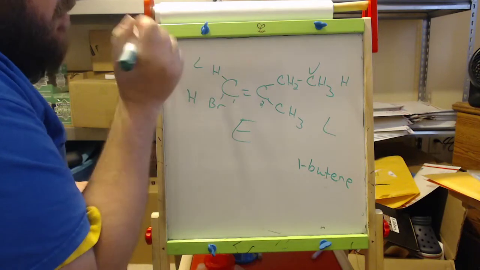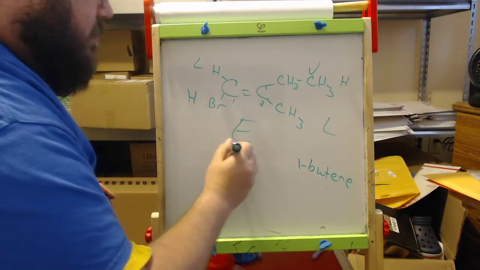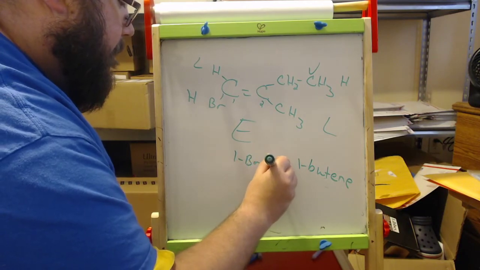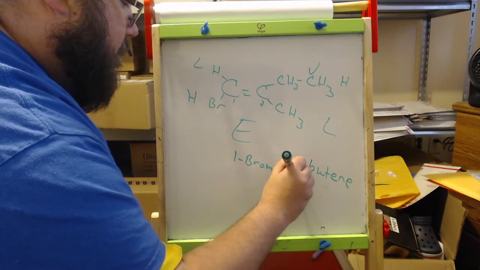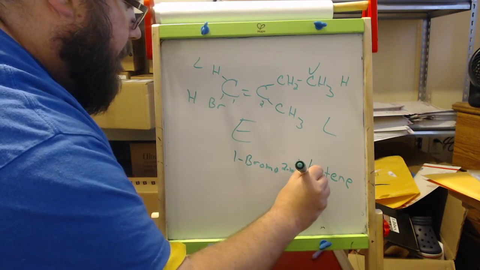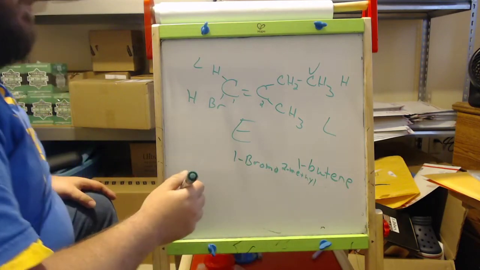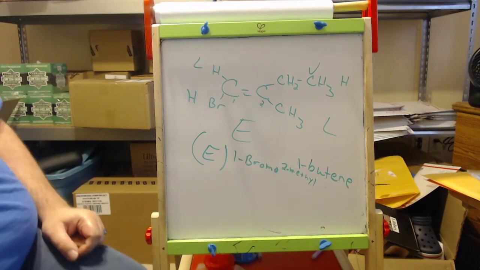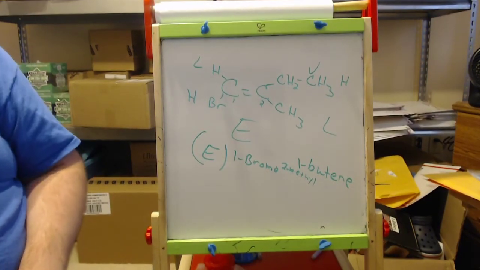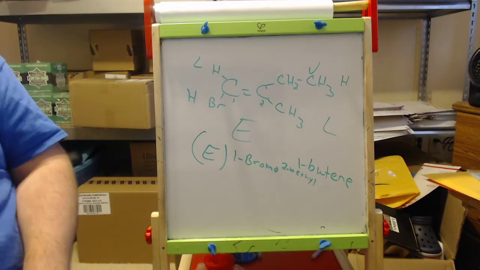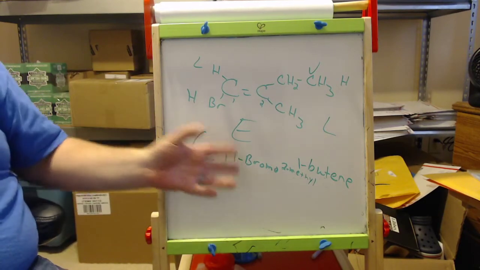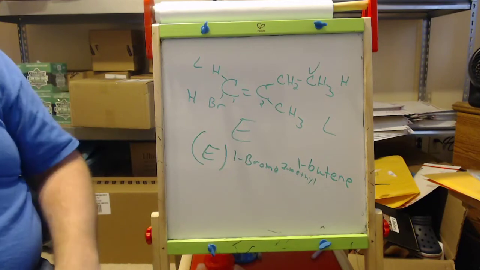We got a bromo on 1. We got a methyl on 2. So 1 bromo, 2 methyl, 1 butene. And the little cherry on the sundae is an E right there. So our complete name would be E, 1 bromo, 2 methyl, 1 butene.